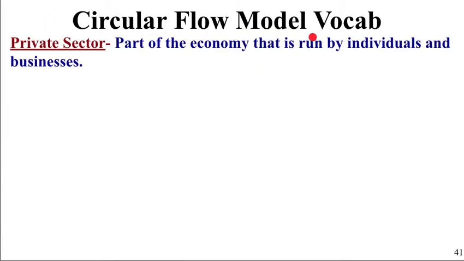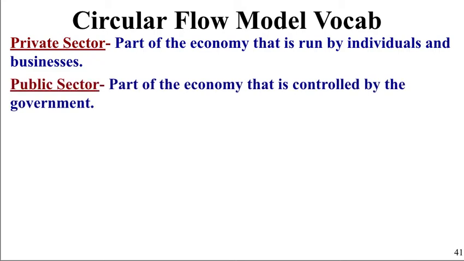So, a few vocab terms here in the circular flow model that I want you to be aware of. The private sector is the part of the economy that's run by individuals and businesses. The public sector is controlled by the government. So in the United States, we have both of these, which helps us understand that we're a mixed economy.